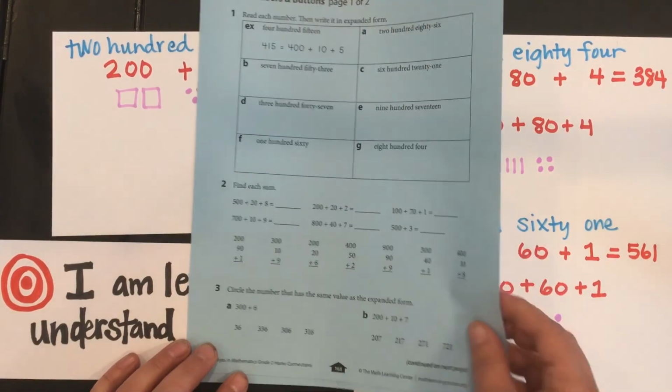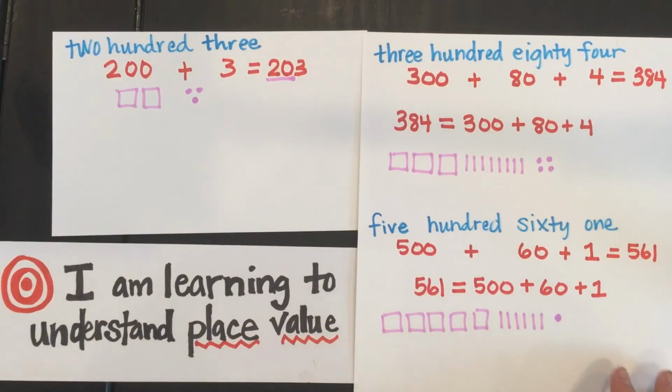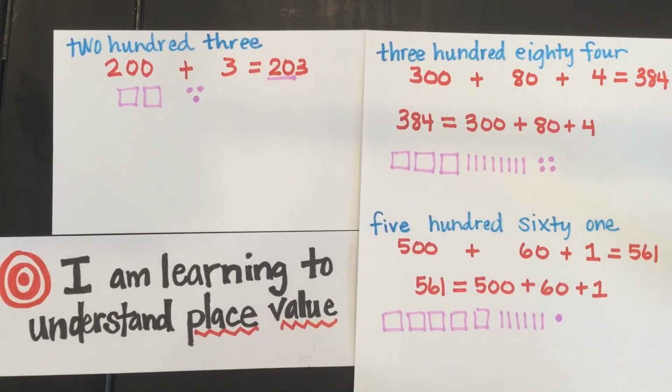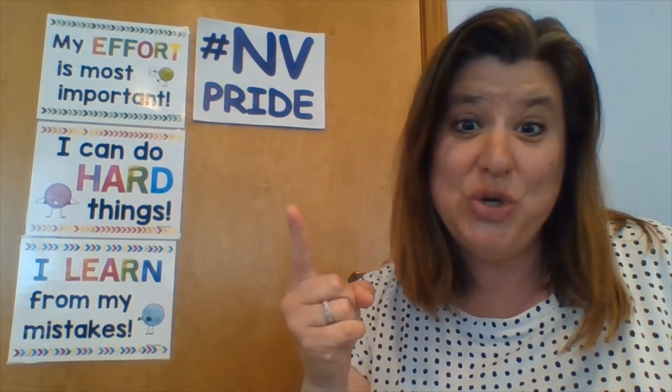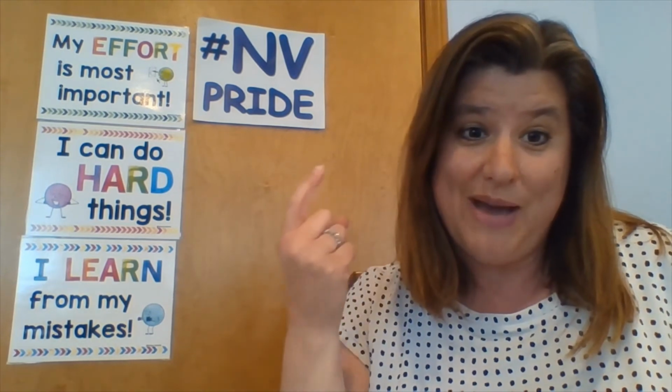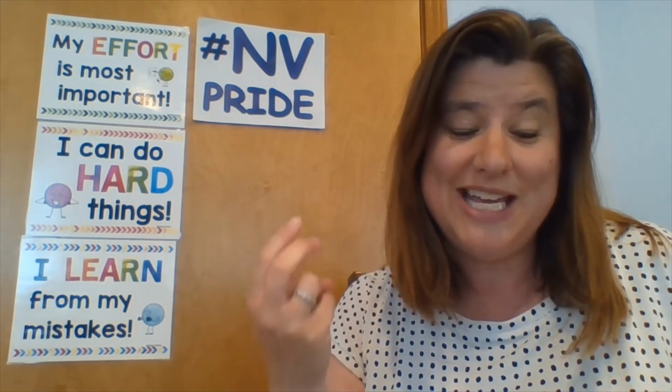I have no doubt that you are going to have great success learning place value and understanding standard and expanded form. All right, my second grade friends, I know that you are going to have great success practicing and working on expanded form today. Remember to be thinking about the hundreds place, the tens place, and the ones place in your work today.